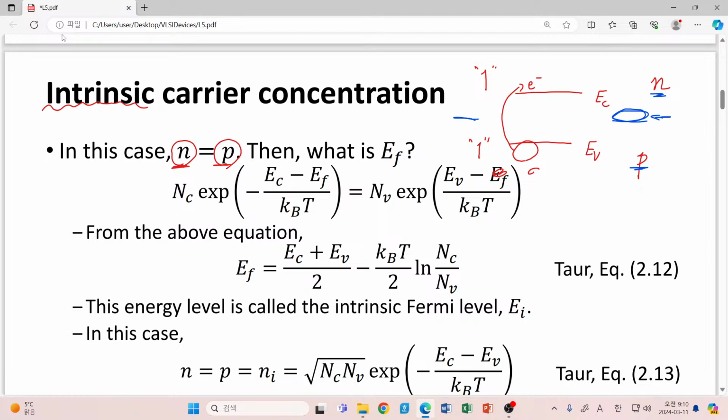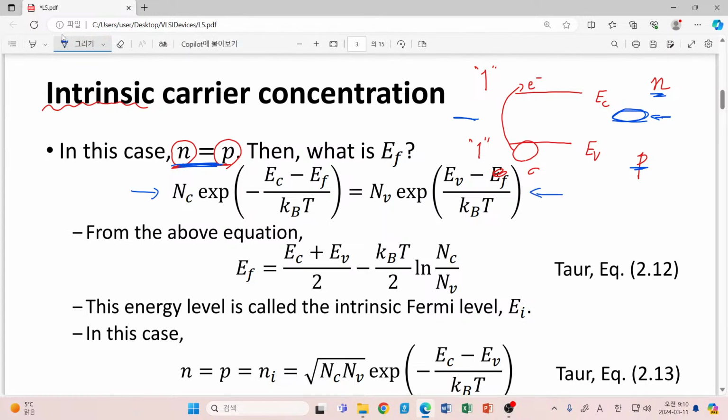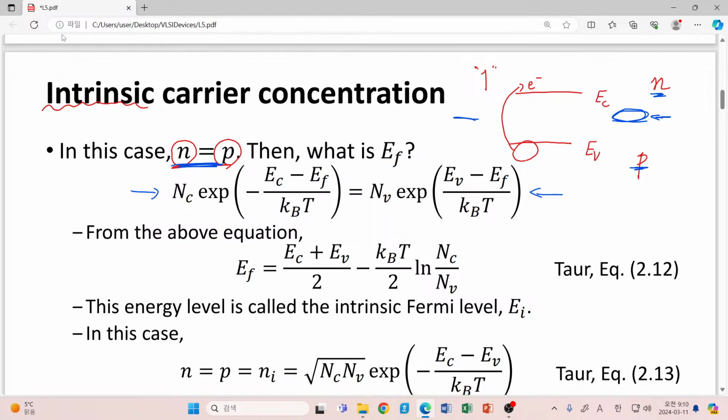But now, for intrinsic carrier density, when we consider intrinsic material, there is no other way to provide the electrons. So that's the reason why we must assume the equivalence between electron density and hole density. In this case, electron density and hole density should be equal. The left hand side is the expression for our electrons, and the right hand side is the hole expression.